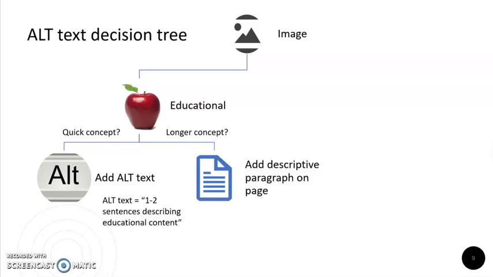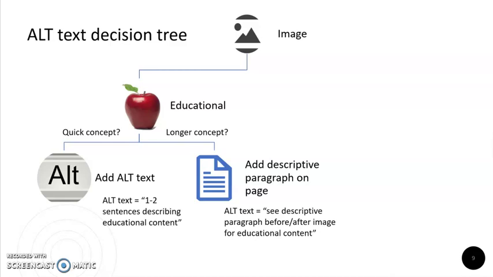In that case, then, you're going to want to add a descriptive paragraph on the page, either before or after the image, and then the alt text on the image itself will say something like see descriptive paragraph before or after image.